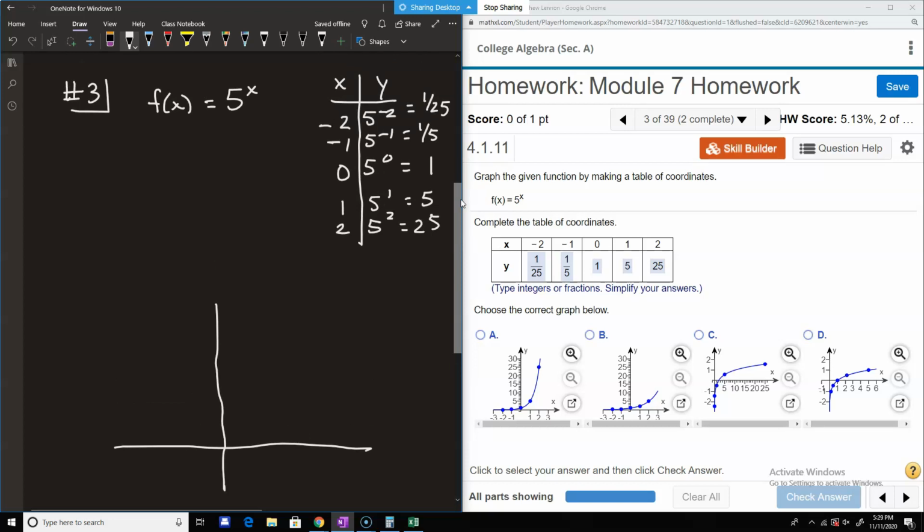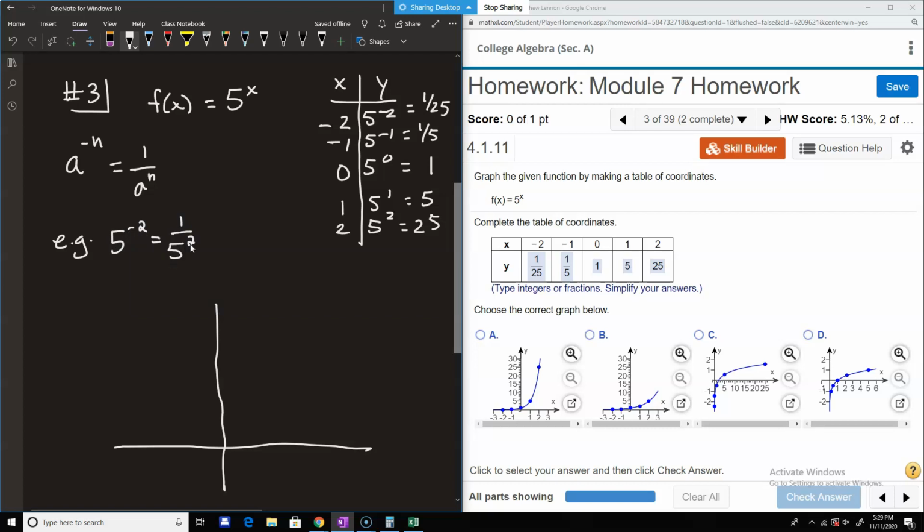So remember, in general, if you have a to the -n, this is the same as 1 over a to the n. That was actually an exponent rule from either module 1 or module 2. For example, the 5 to the -2 that you're asking about is computed as 1 over 5 squared.